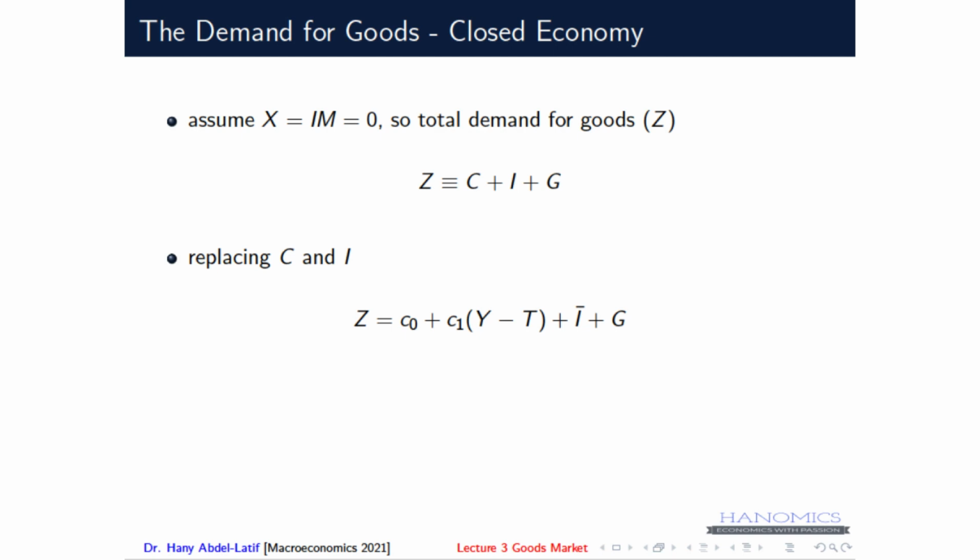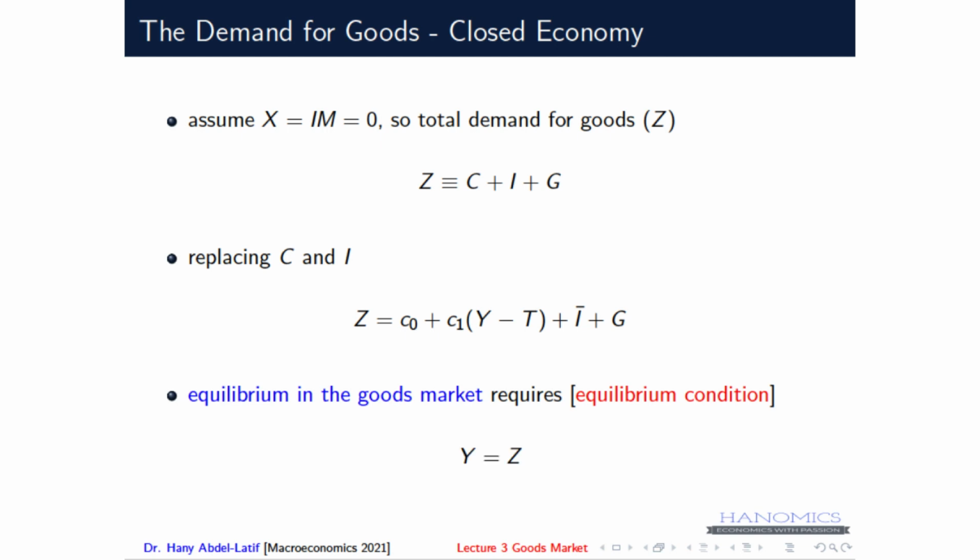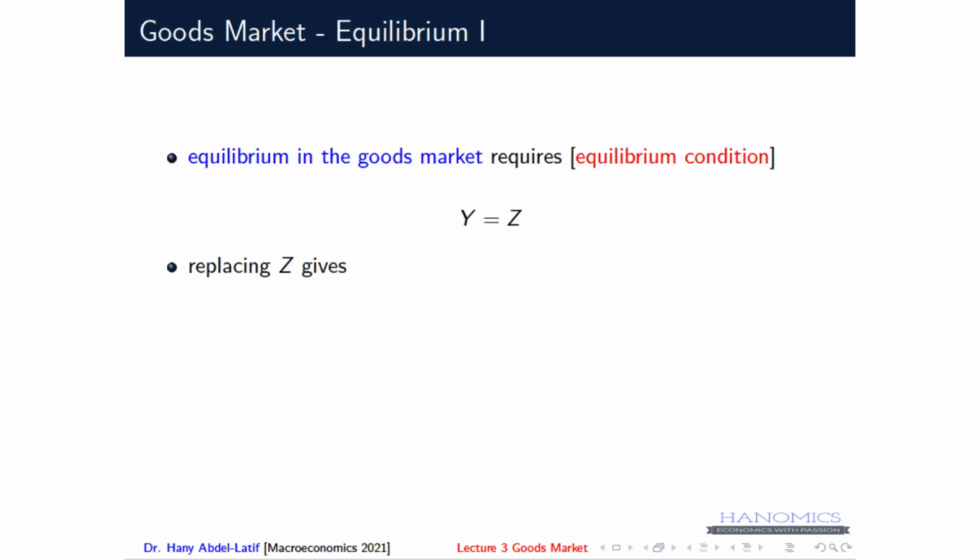Now let's derive the equilibrium condition in the goods market based on what we've seen. Again, the condition is total output or total production equals total demand, assuming there will be no inventories. So we replace Z, the total demand, with its equation.